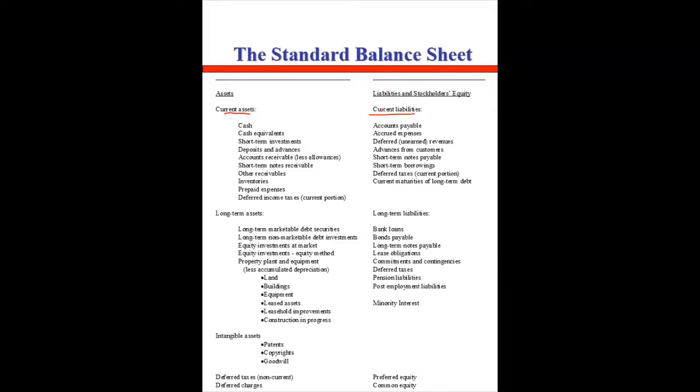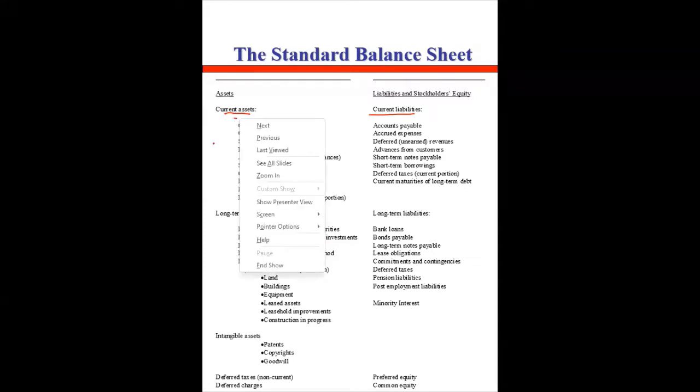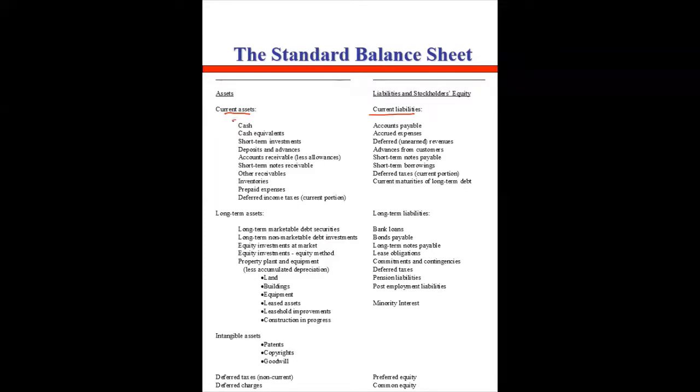So what is the justification behind this? The justification is that we organize the items in terms of liquidity. So the most liquid item will come first, the least liquid item will come last in the asset.